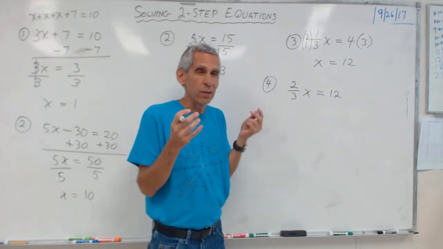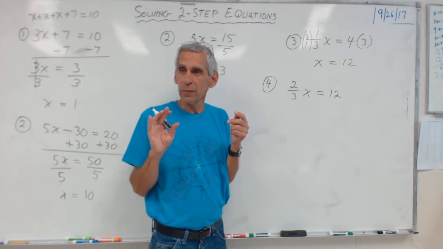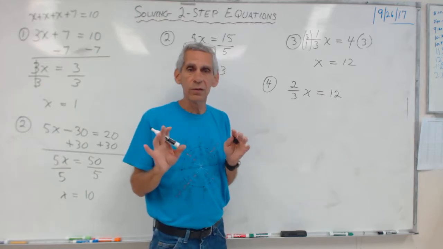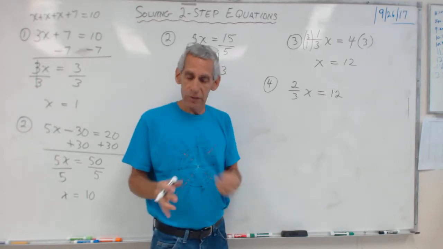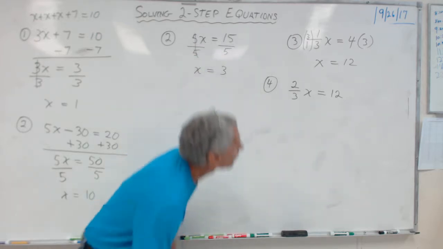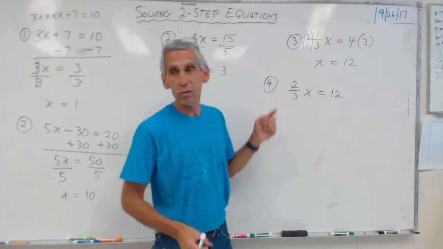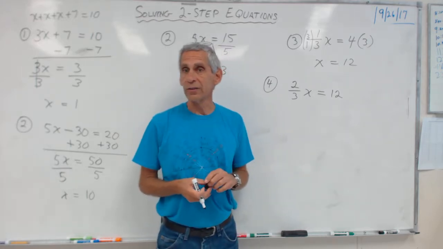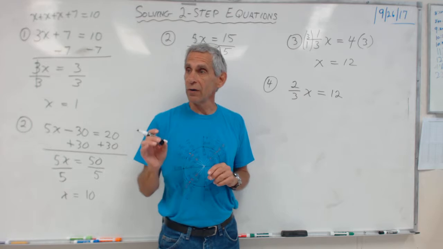But let's have it quiet, guys. If any of you are a little confused about fractions, there is another way you could do it to turn it into a two-step. And the way you do it is you look at the denominator of the fraction. This is a very, very cool trick.